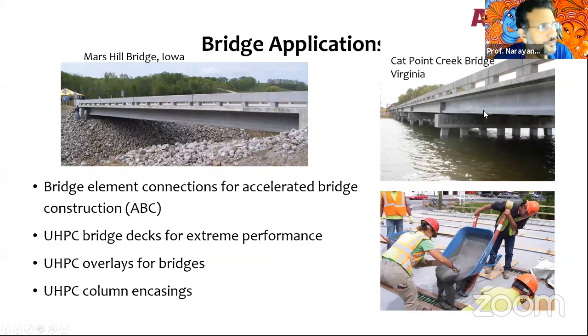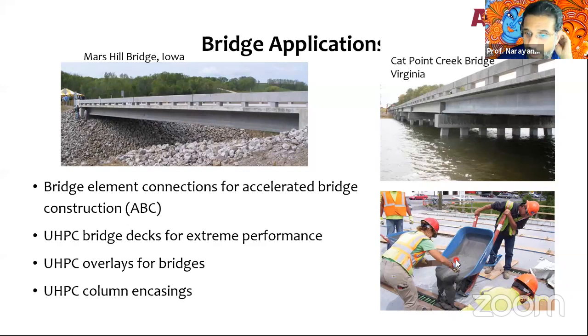So here are a few applications, a few pictures. This is Mars Hill Bridge in Iowa, one of the first UHPC bridges in the United States. Here is Cat Point Creek Bridge in Virginia. They're all accelerated bridge construction ideas where you can go in and construct a bridge pretty quickly. Ultra high performance concrete decks are used for extremely high performance. You can use it for overlays. And one of the most common applications is what you see on the bottom right here, where you're using UHPC for deck closures.